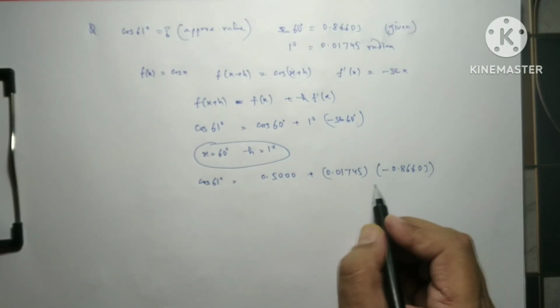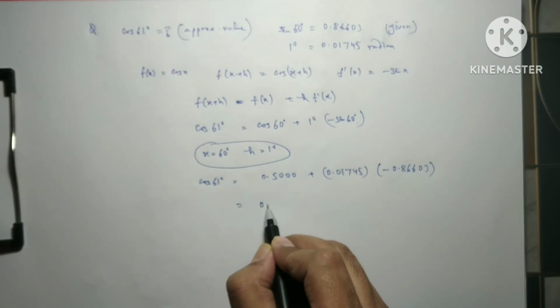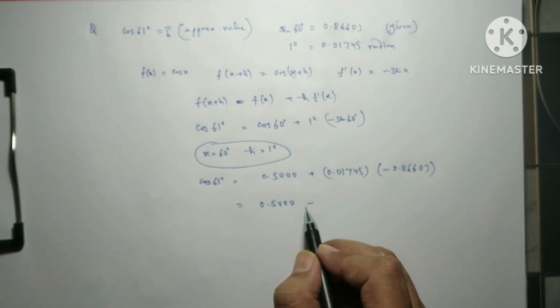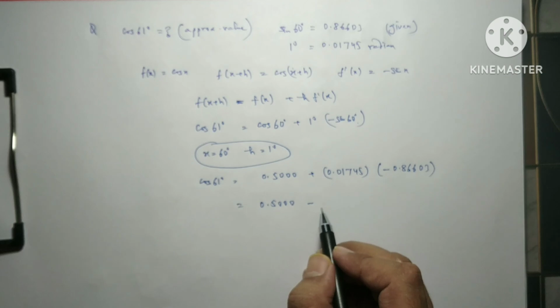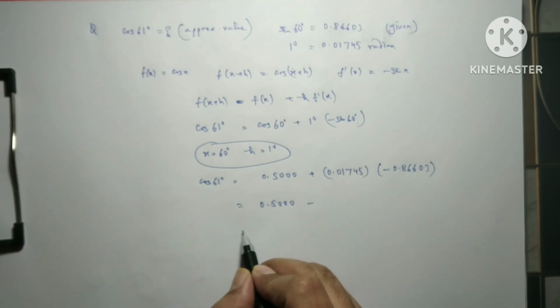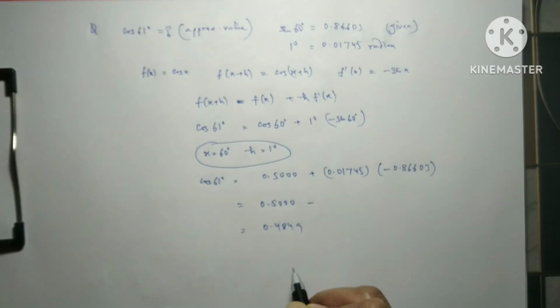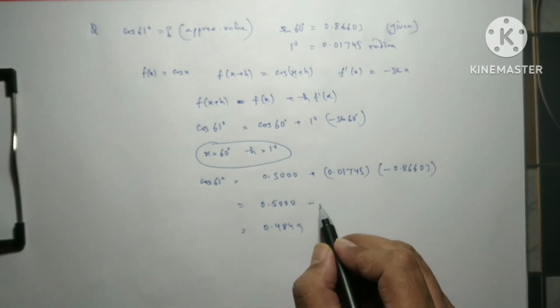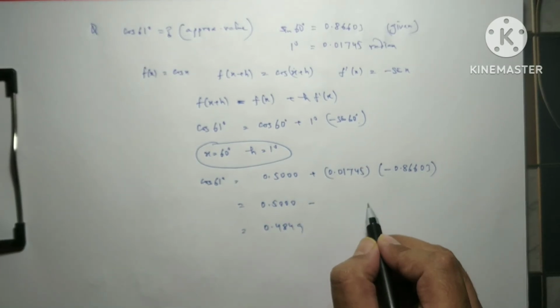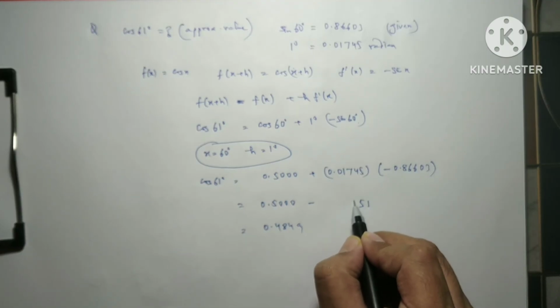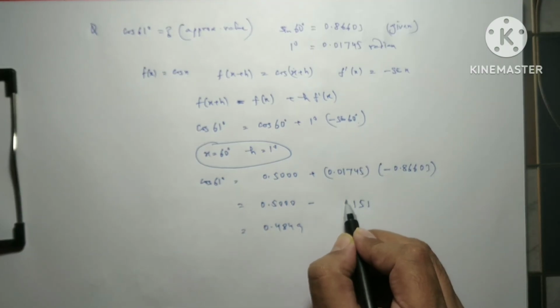So multiply this, and we will collect the value 0.01511.